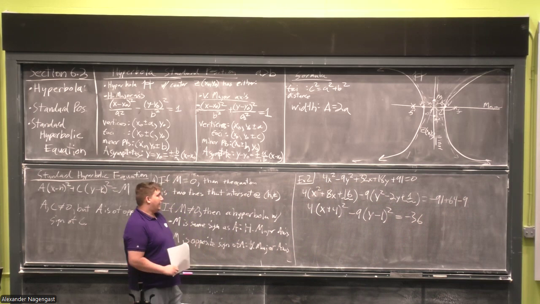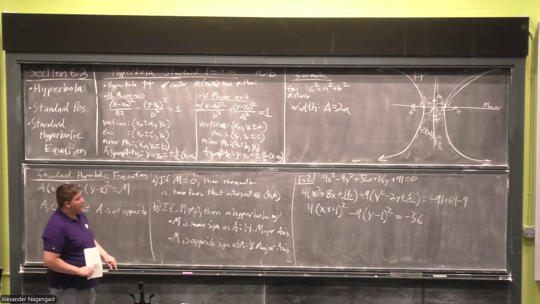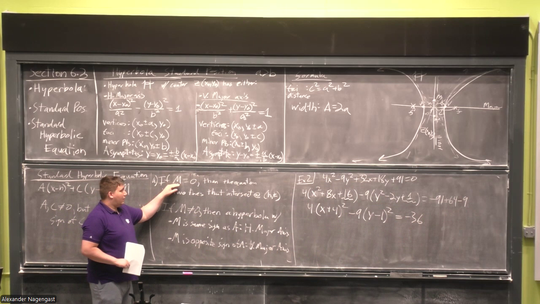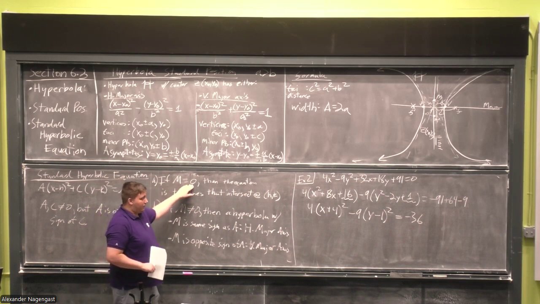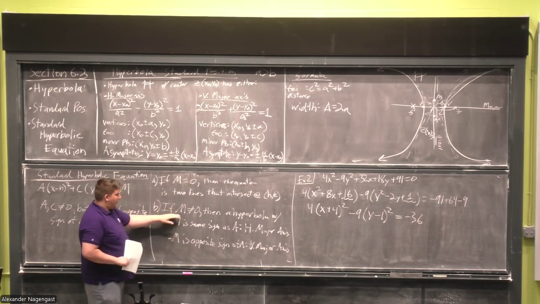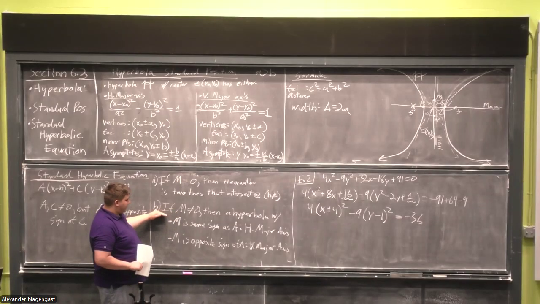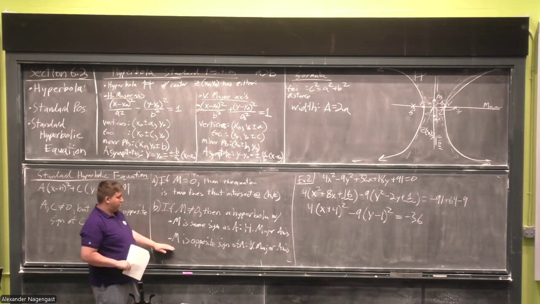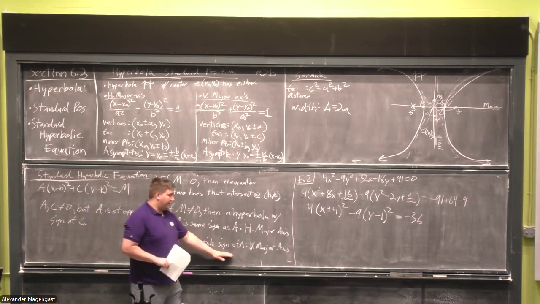So now I can look at my reference. I have my m not equal to 0. I'm in this b type situation, and my m is negative, but my a is positive. So my m is of opposite sign of a.